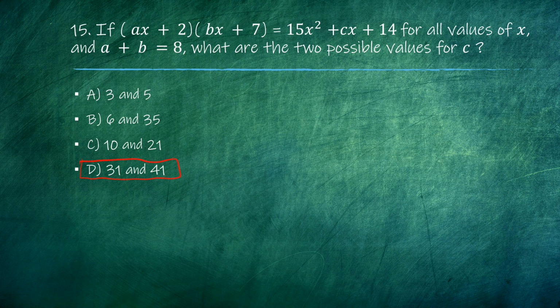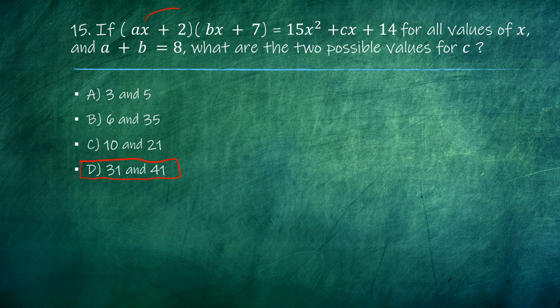So at first this might seem like a very difficult problem, but if you look at the question itself, we notice that we have these two multiplying together, and what we know how to do is FOIL. So let's FOIL these and see what we get.